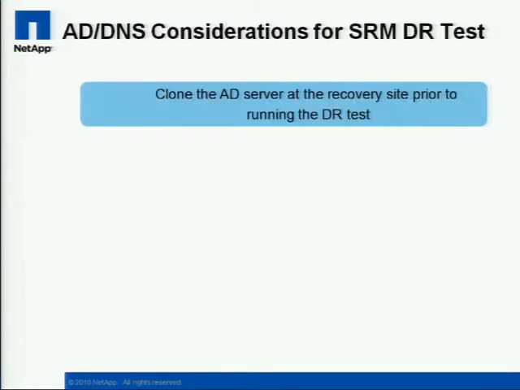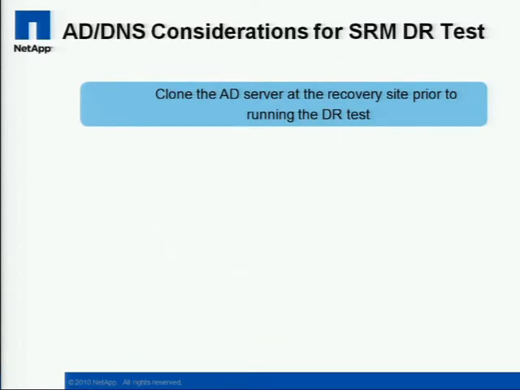When you're doing the SRM DR testing, all the VMs are powered on and are available in a private test network. In order to verify the functionality of your SharePoint, Exchange, or SQL, you need to have the AD DNS services available in your private DR test network.